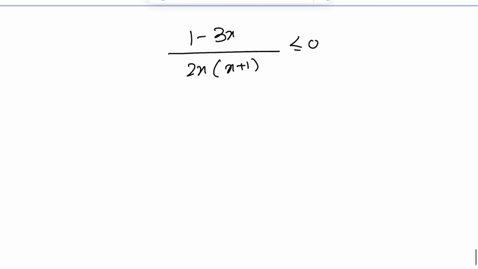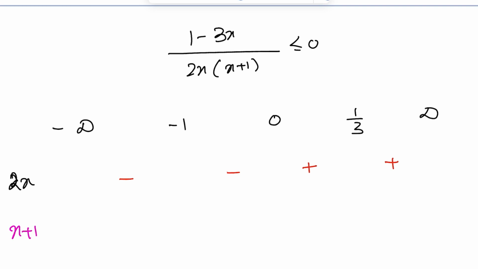So what are the roots? Negative infinity, then minus 1, 0, 1 upon 3, and infinity. So 2x is negative, negative, positive, positive. Then x plus 1 will be negative, and it will be positive, positive, and positive.